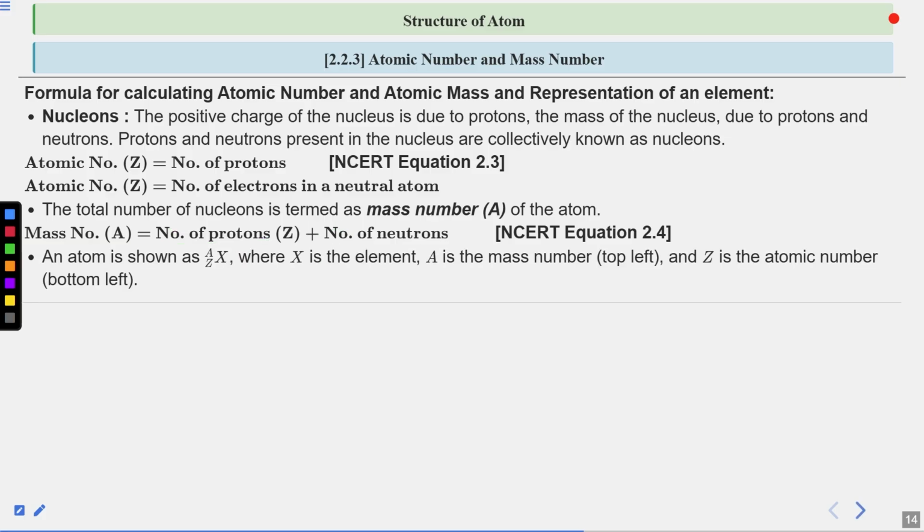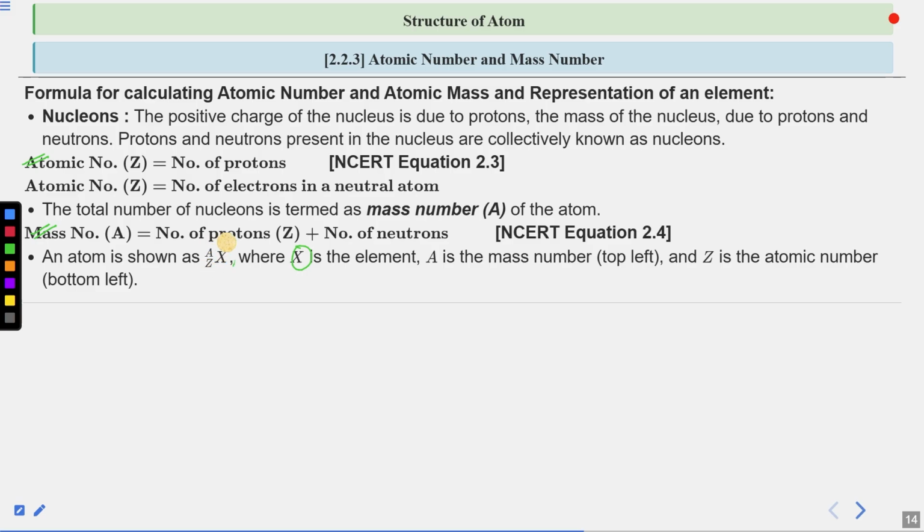How will we represent the atom with the help of the atomic number and the mass number? Suppose our element or atom has X as its symbol. Write X, and write A, the mass number, on the top left, and Z, the atomic number, on the bottom left.